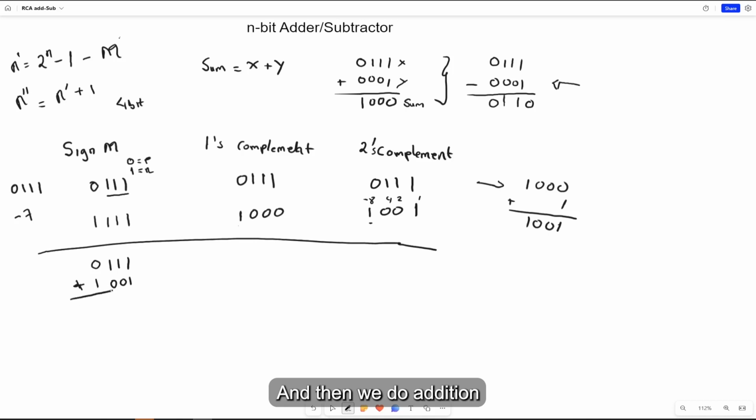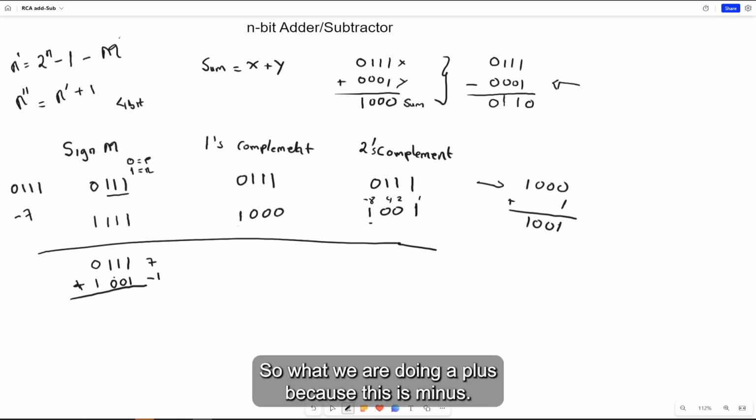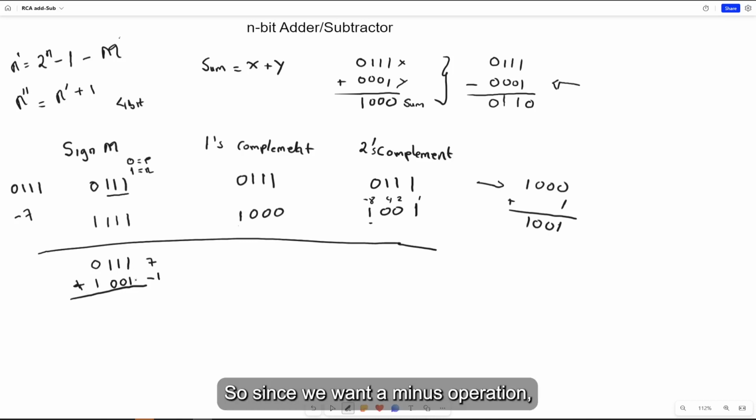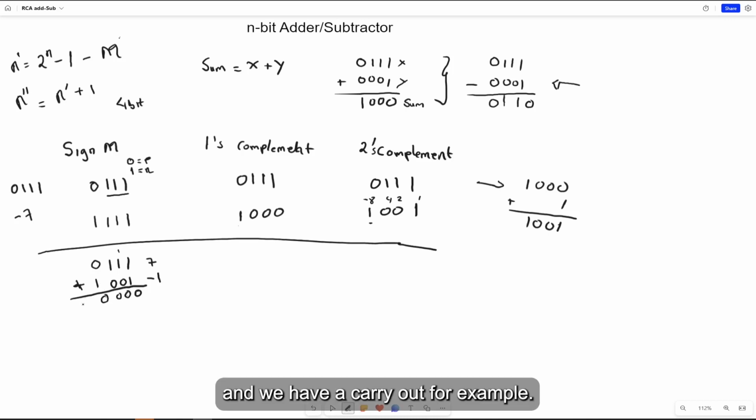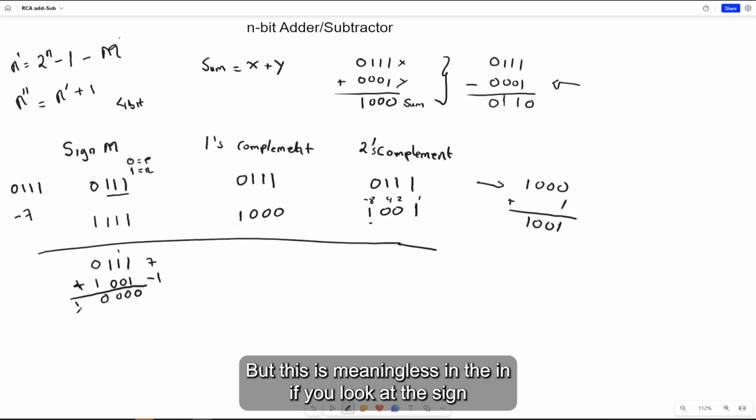Then we do the addition: 7 and minus 1. 1 plus 1 is 2, so it is 0 carry 1, we have a 1 here so it's 2 again, so it's 0, and then again 0, and we have a carry out, but this is meaningless if you look at signed numbers, it's meaningless.